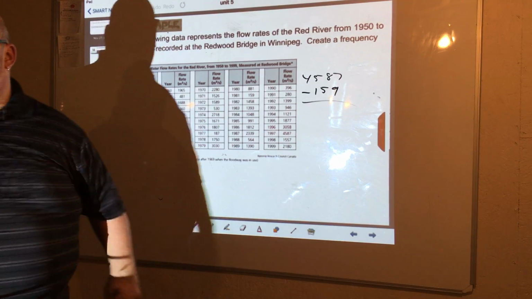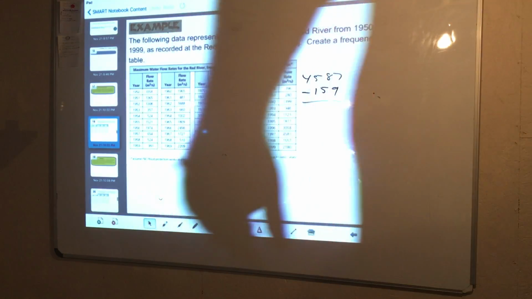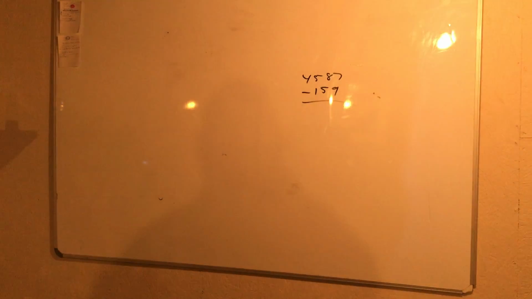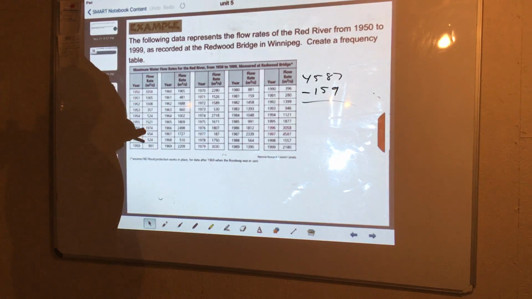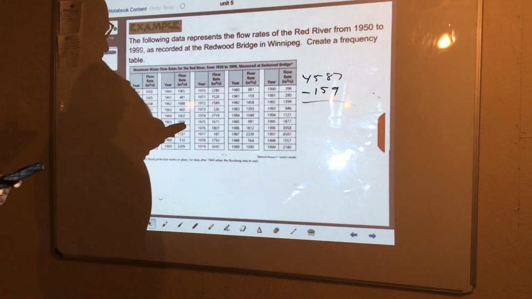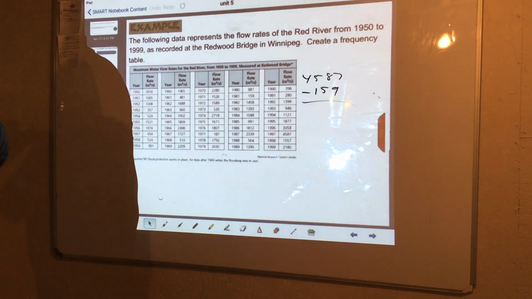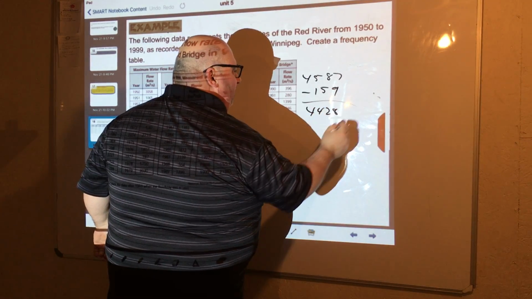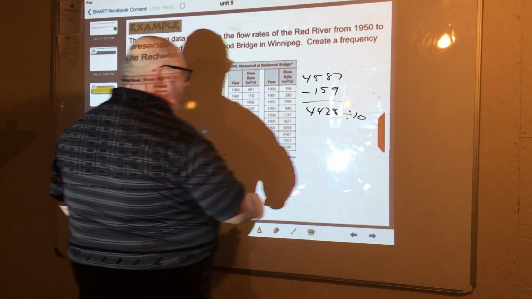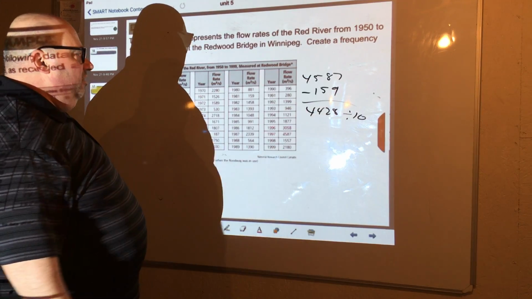So what does that give us? Got my calculator. We got 4,428. And I'm going to divide that by 10 because I want to have 10 parts to my graph.